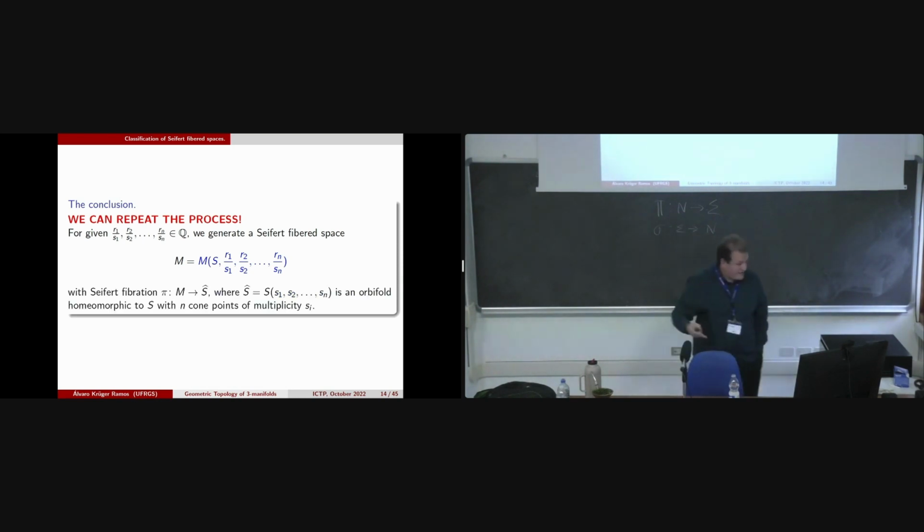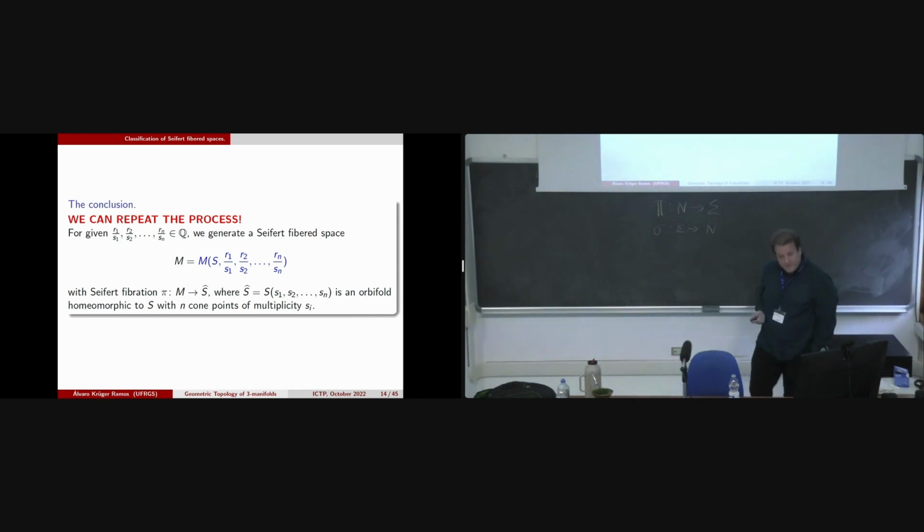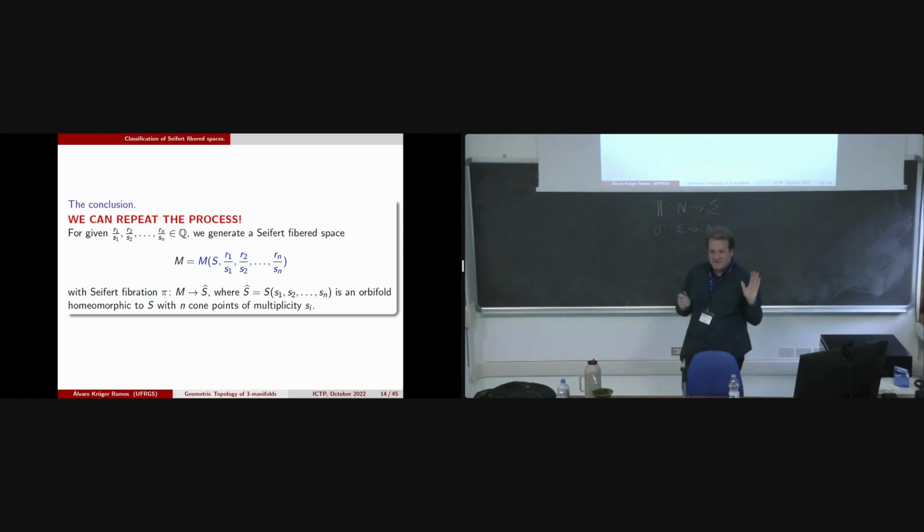And it will have a Seifert fibration over an orbifold homeomorphic to your original surface, and Don would be freaking out if he was here today, because it's always homeomorphic, right? But the structure is the one of cone points with multiplicity s_i. And this is the definition.